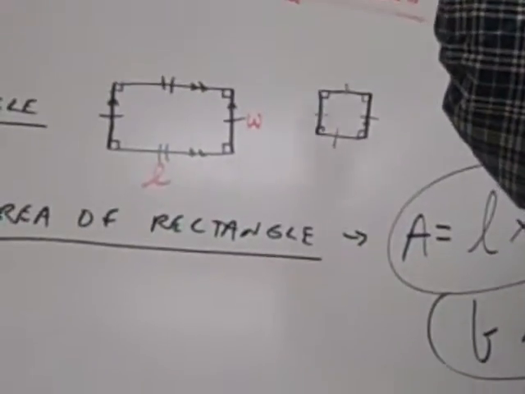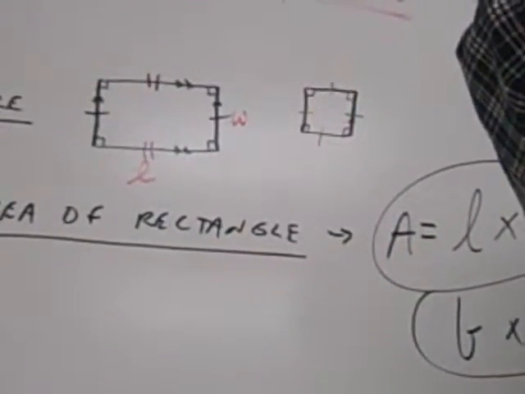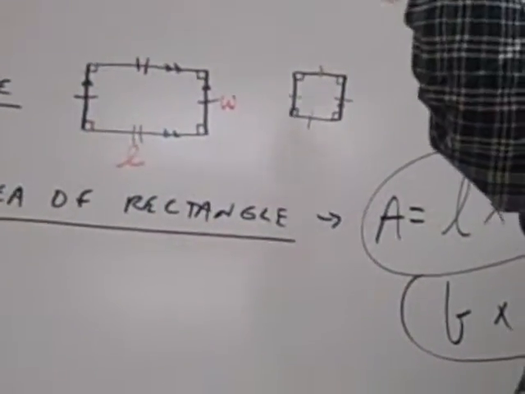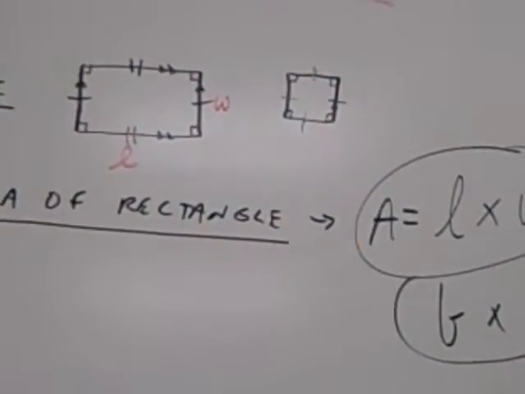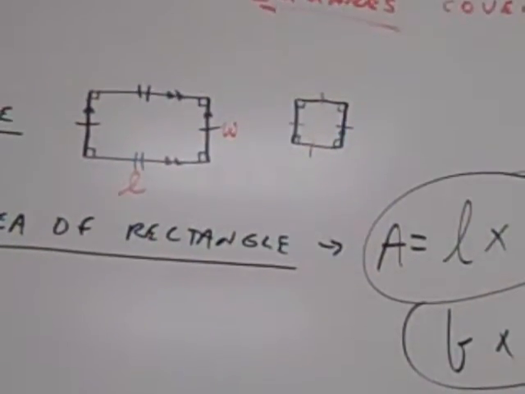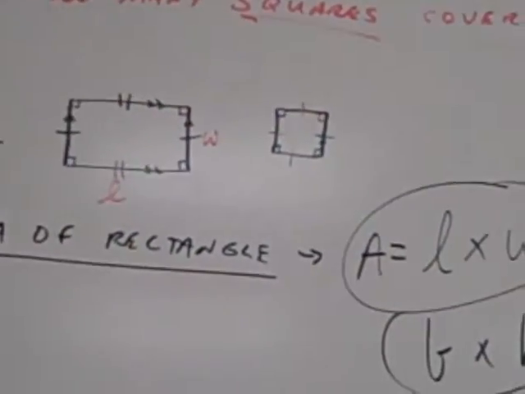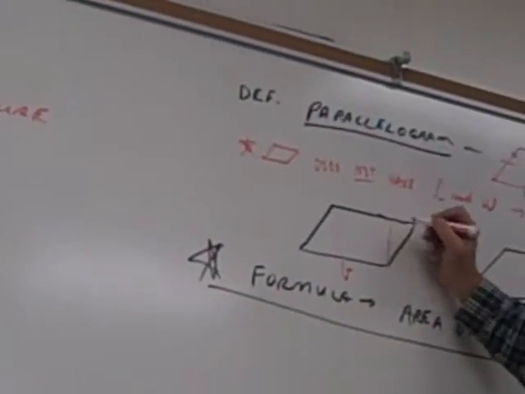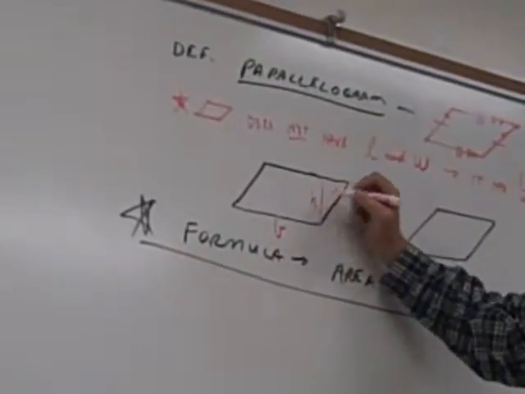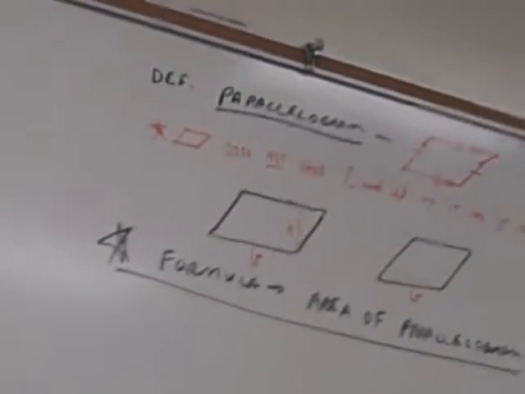Because it gets squished, it goes leaning. This side over here no longer is W or H. H is a straight up and down dotted line that connects the bases.